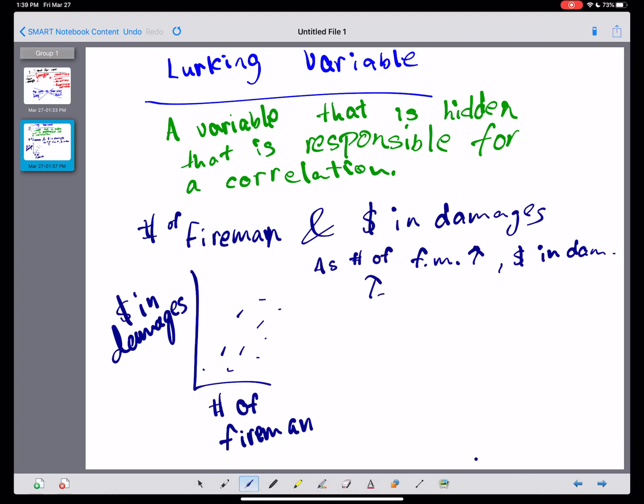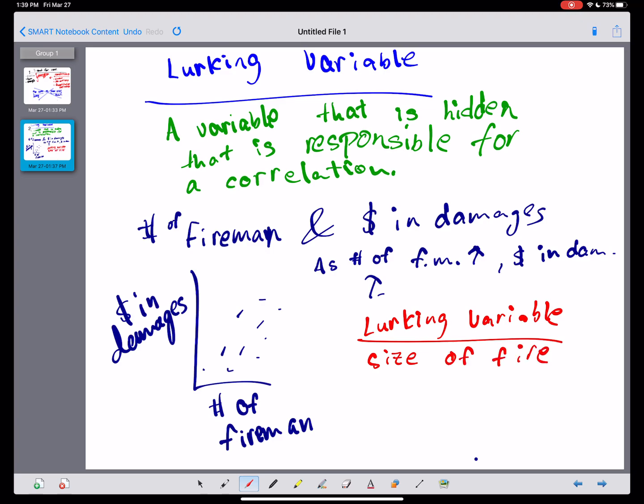But here, the point that I'm trying to make is that there's a lurking variable. The lurking variable in this problem would probably be the size of the fire. The bigger the fire, you're going to need more firemen.